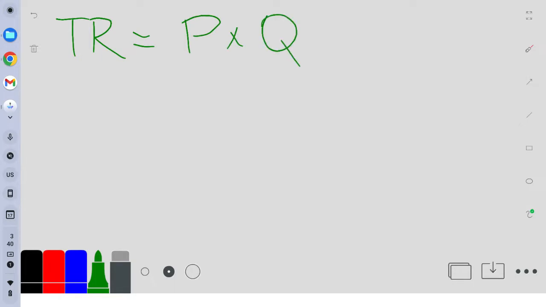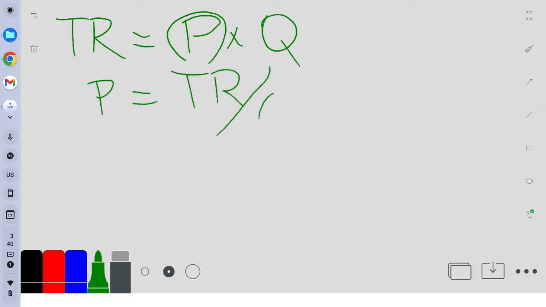So total revenue is price times quantity, right? And then price is total revenue divided by quantity. Isn't that right? That's what price is.